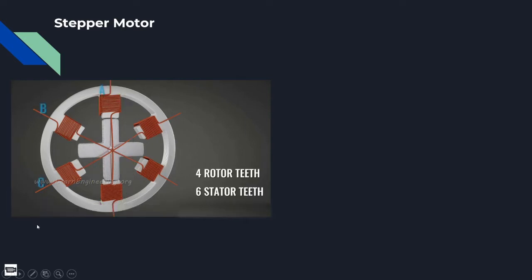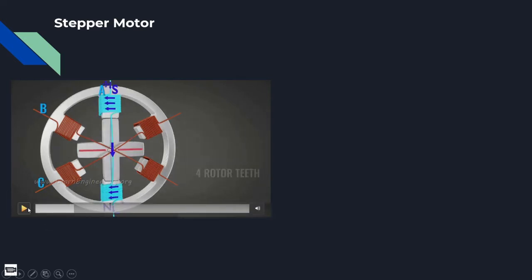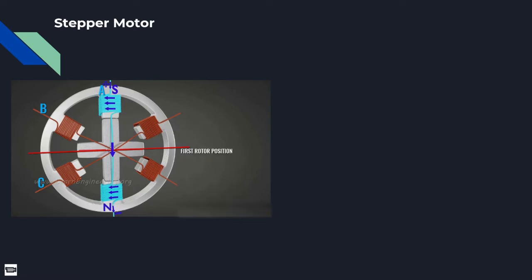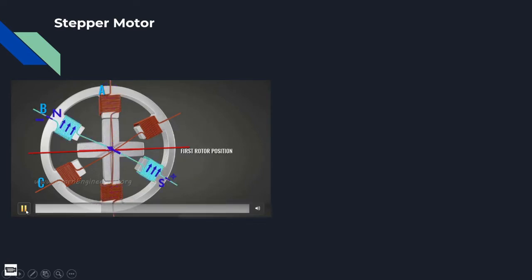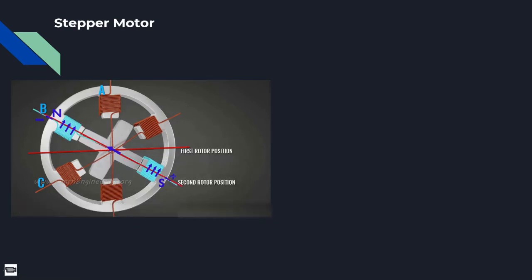Now let's watch this video which gives you a clear picture about how a 6 by 4 stepper motor works. As you see here, phase A is being energized. Meanwhile, the rotor is aligned to the energized phase. When the next phase gets energized, the rotor rotates by 30 degrees so that it can get aligned with the second, or B, phase which is energized currently.